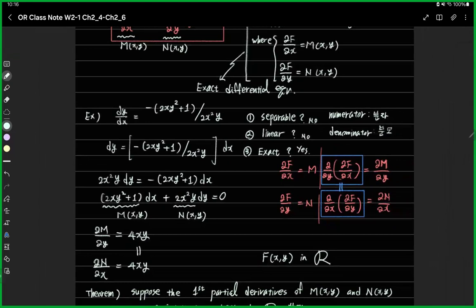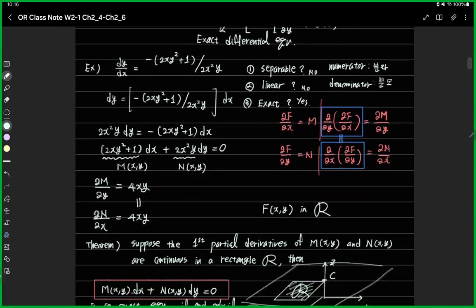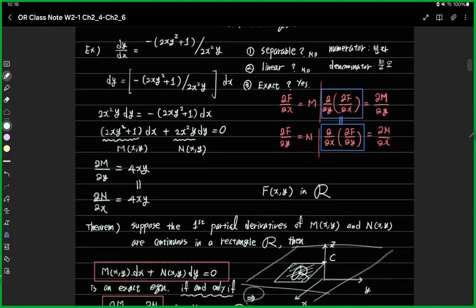Let me summarize what we did for figuring out if a given differential equation is exact. Here's the theorem.